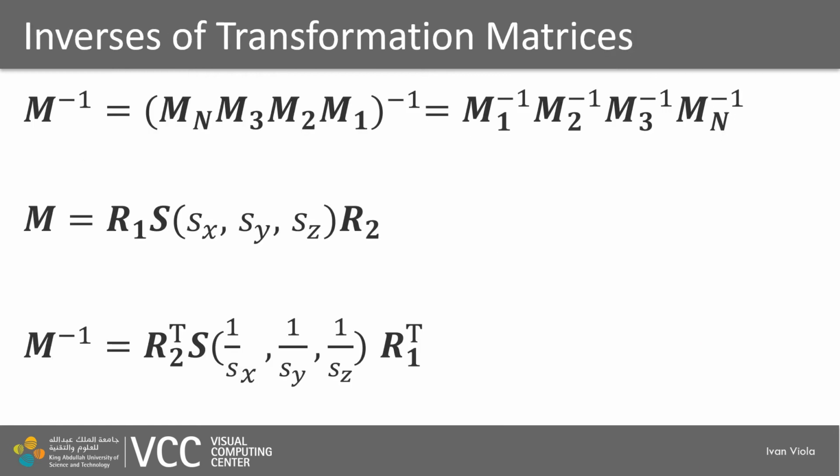We have already mentioned that if we have a sequence of transformations, we can simply undo them by applying an inverse. So here is just a short recapitulation and a few examples of what that means.